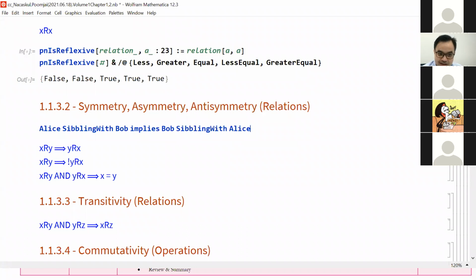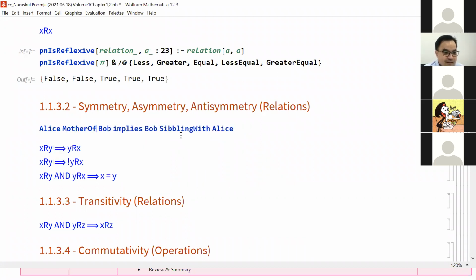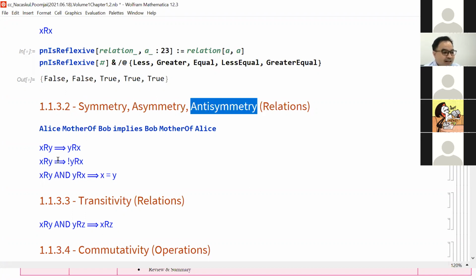So is it symmetric? Yes, it is symmetric. But if Alice is mother of Bob, does it imply that Bob is mother of Alice? No way. Okay? And then we have anti-symmetry, which is even stronger. It's saying that if this is true and this is true, then it must be the same. Okay?